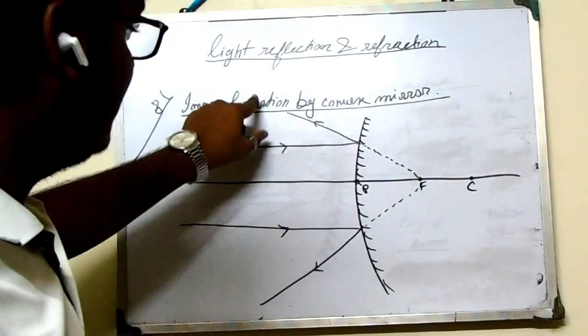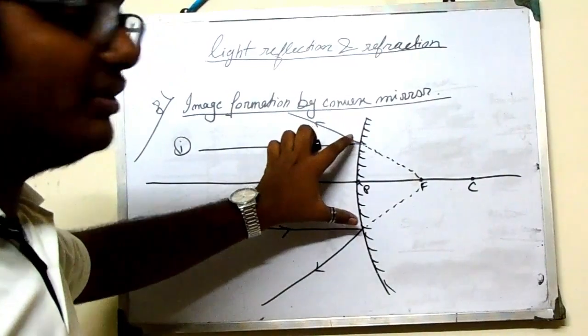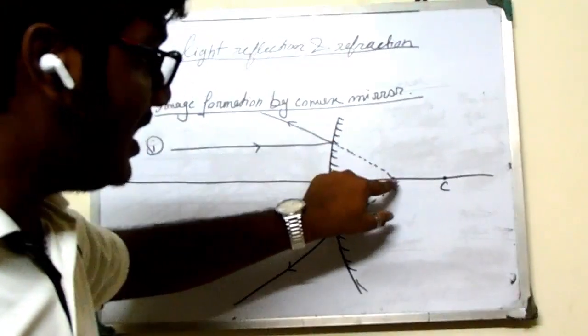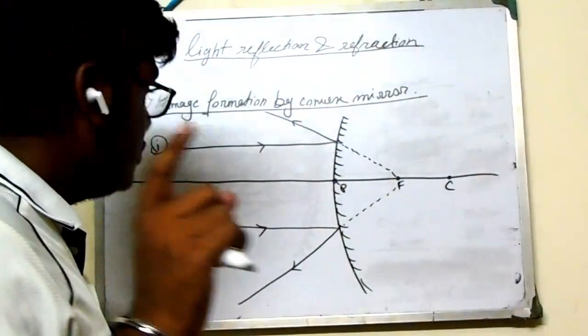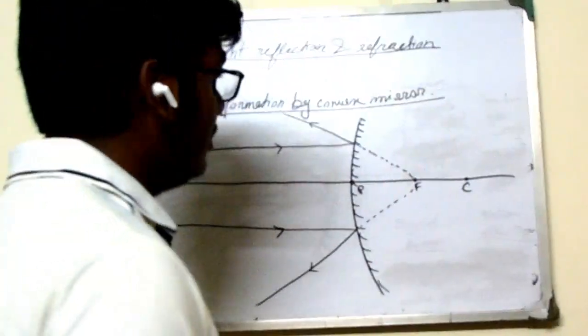Incident ray, reflected ray, incident ray, reflected ray. The continuation part of the reflected ray meets at F. Position of the image: at F.